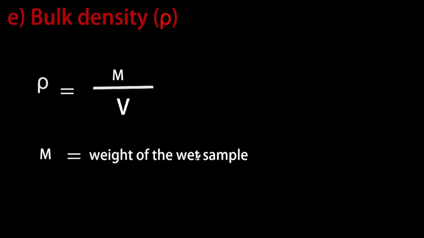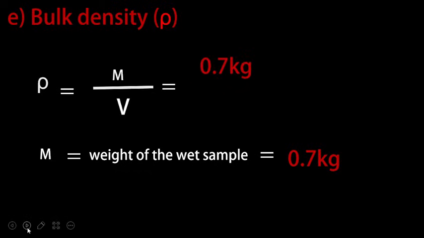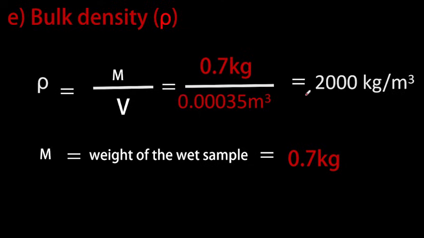Here, m stands for the weight of the wet soil or weight of the wet sample, and then v stands for the total volume of the soil sample. So if we plug in the values, we have 0.7 kilogram divided by the total volume, which is 0.00035 cubic meters. We have 2,000 kilograms per cubic meter as the bulk density of the soil.